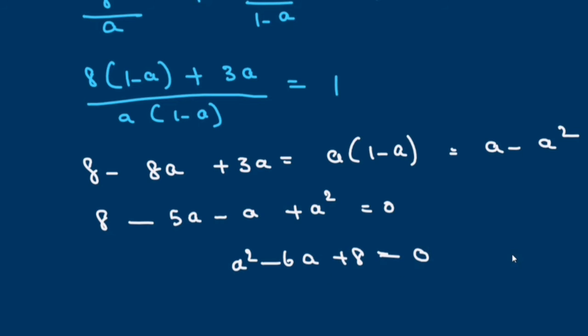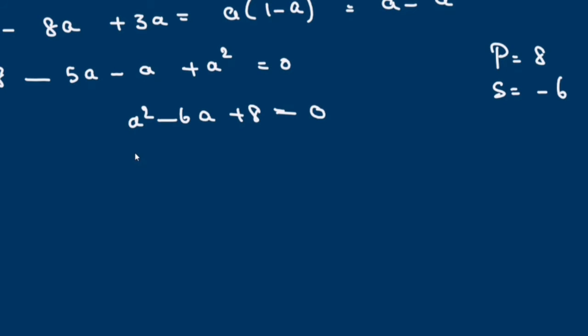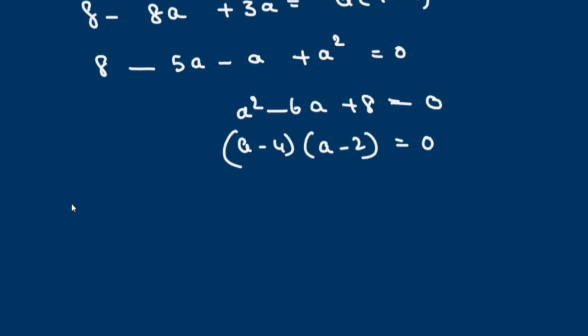Factorize, this is a quadratic. The product is 8, sum is minus 6. A minus 4 and A minus 2. So we get A is 4 or A is 2. There are two values for A. If A is 4, what is B?